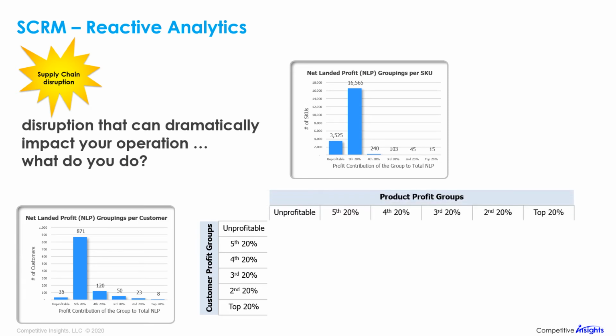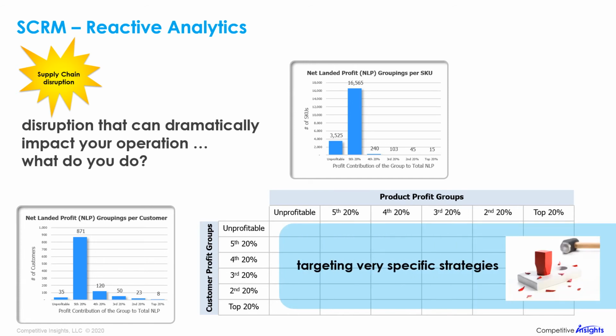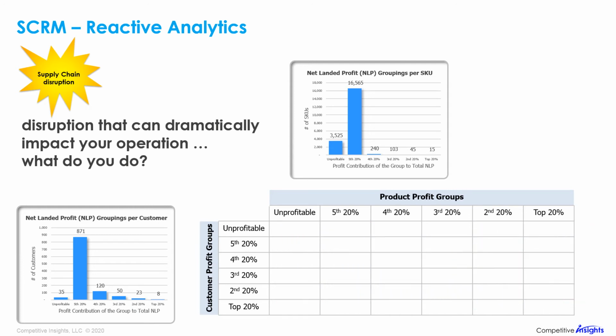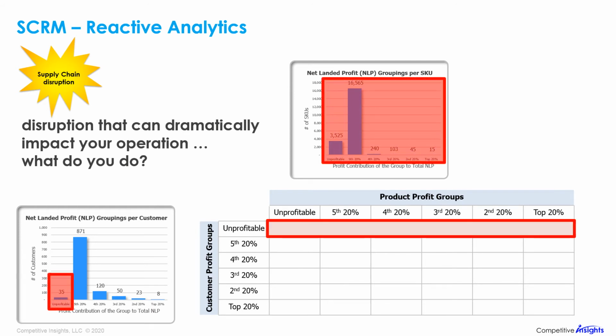So thinking about what products we're selling to be able to maximize our profit margins and what products are not at all doing very well. And it's the combination of those two aspects of visualization of information that then allow you to start targeting very specific strategies associated with what to do. The first thing, as we talked about in the last slide, is you're probably going to want to look at those 35 customers.